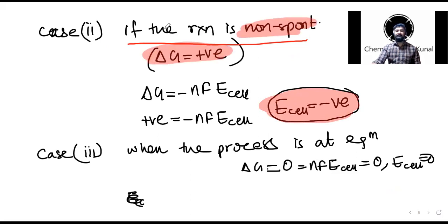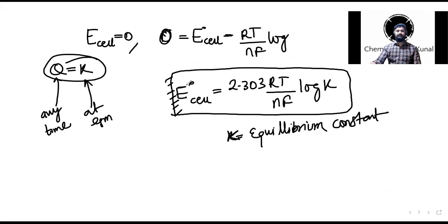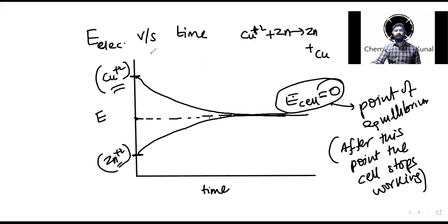And then we have equilibrium when delta G naught is 0 and E naught cell is 0. And then we get this equation, which is very important for numericals, a relation between E naught cell and the equilibrium constant. And then I explained how equilibrium is attained and how a cell stops working after a point.